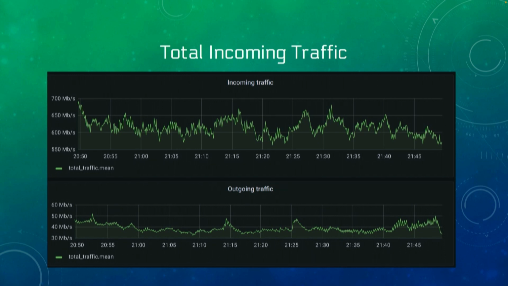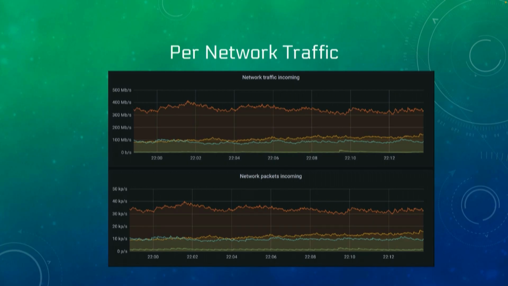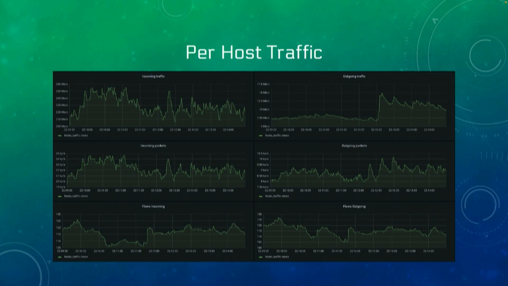This graph is not exciting, because it's total outgoing and incoming bandwidth, which can be done by SNMP. This one is more interesting. It's a logical distribution across different networks. You can see bandwidth per network on a logical basis, not on the level of ports or specific links, but on the level of the specific services which use it. And there are options to get a more detailed view, down to the host.